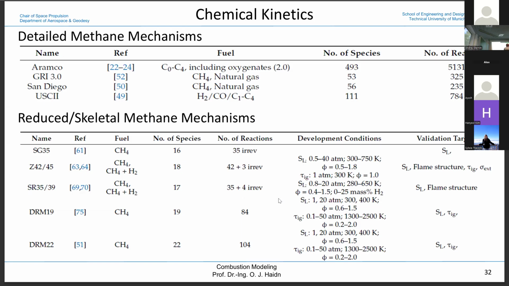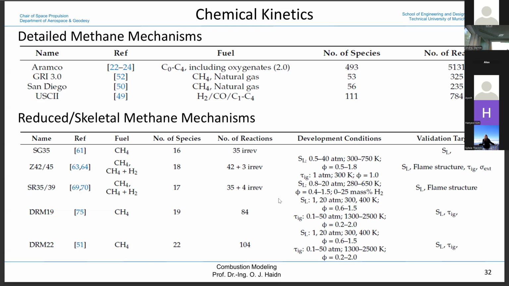So GRI, Aramco, they have, for instance, this detailed mechanism. You have it from, let's say, no carbon to butane.